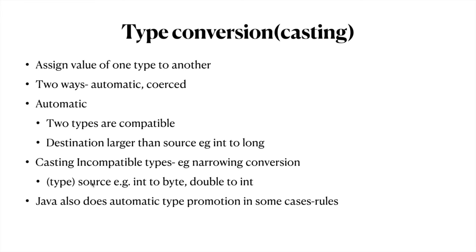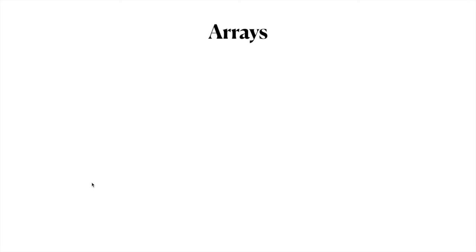So without our intervention, the compiler will promote one data type to the other one, and it has specific rules that have to be applied to have valid type conversion.